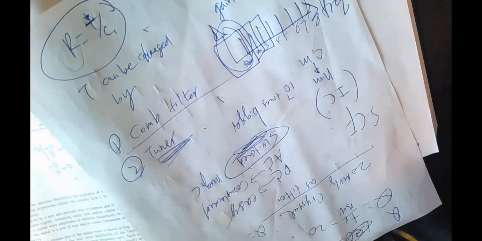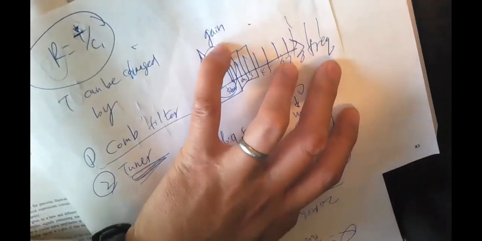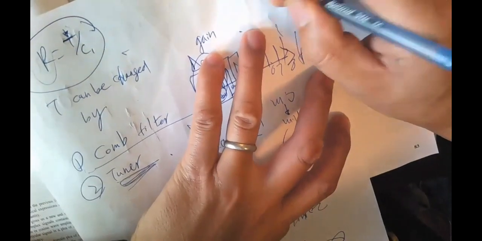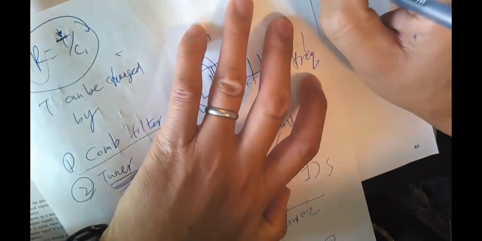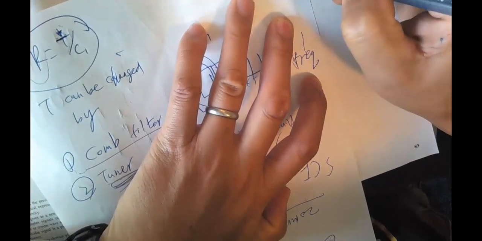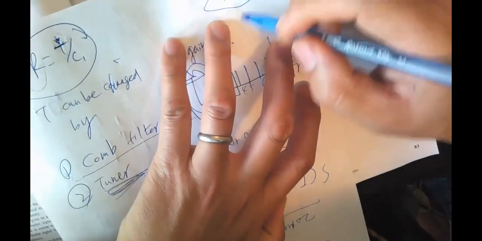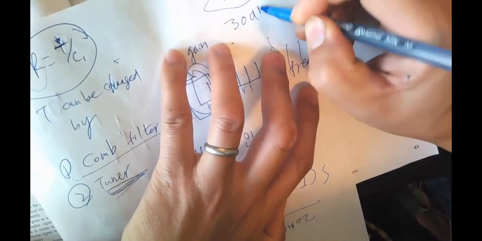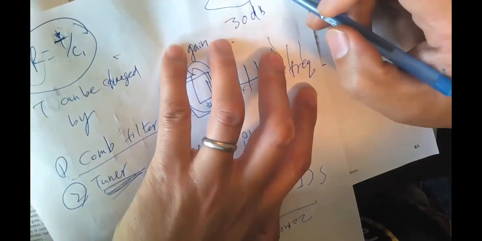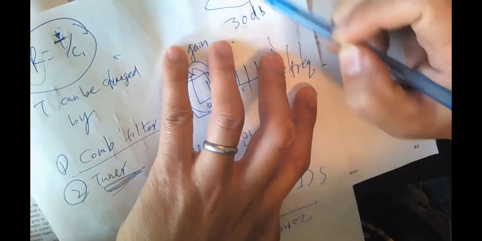What does that translate to in ratio format? Negative 20 dB is 1,000 times stronger than negative 50 dB. It's a 30 dB difference. The difference between negative 20 and negative 50 is 30 dB. What is the 30 dB difference?